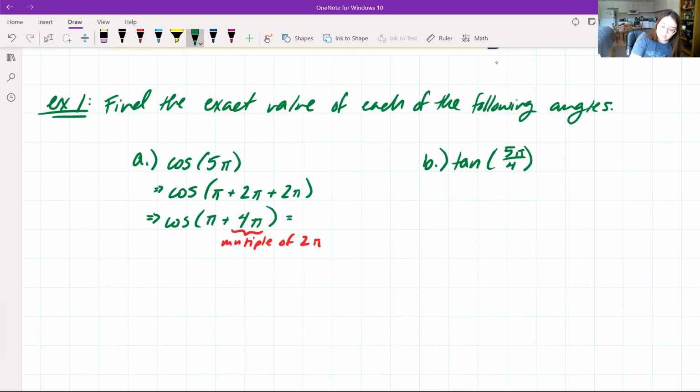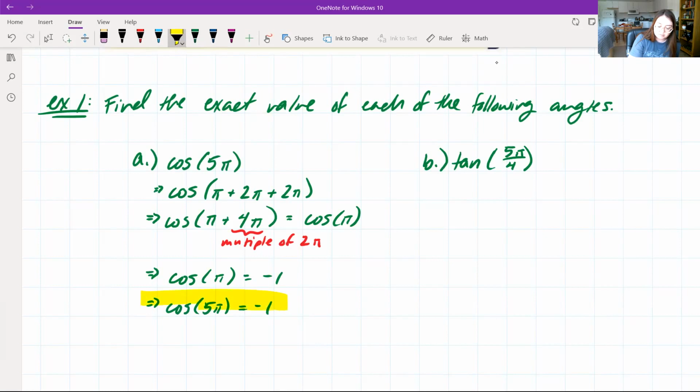So this is going to be equal to cosine of pi, where we know that cosine of pi is equal to -1. So then this means cosine of 5 pi is also equal to -1. So all we did was identify the multiple of our period within our parentheses.